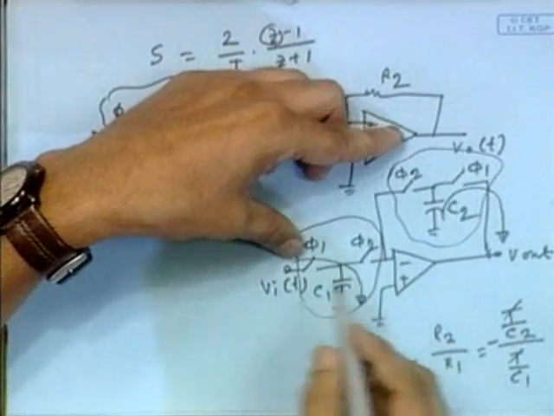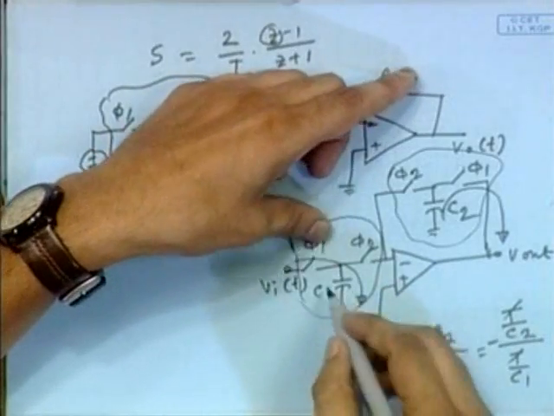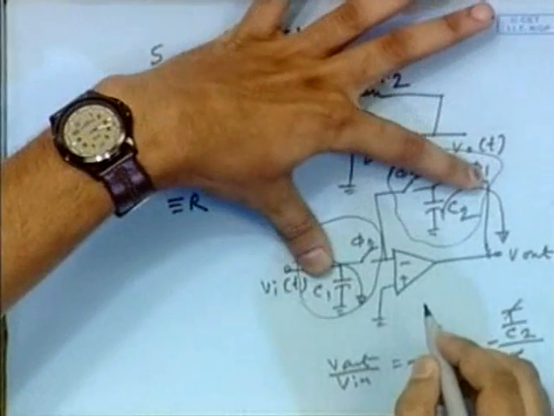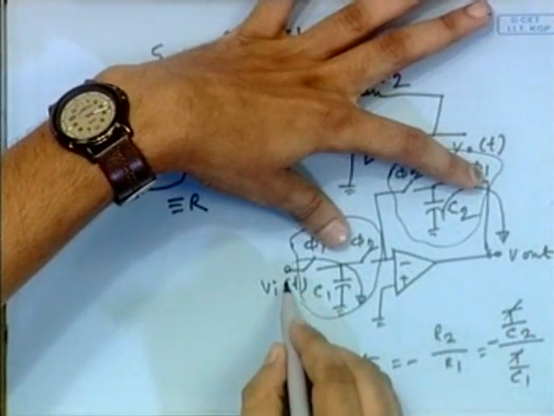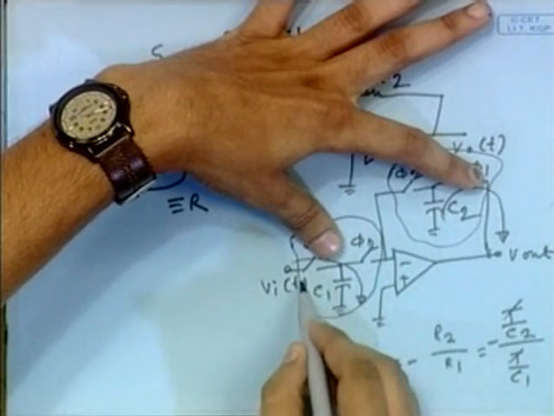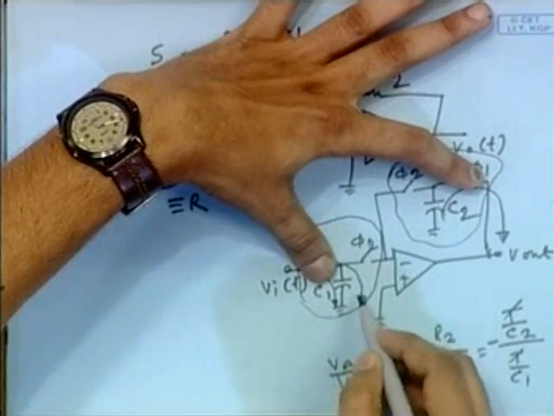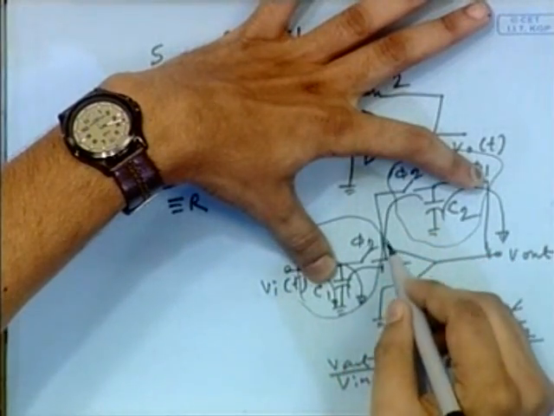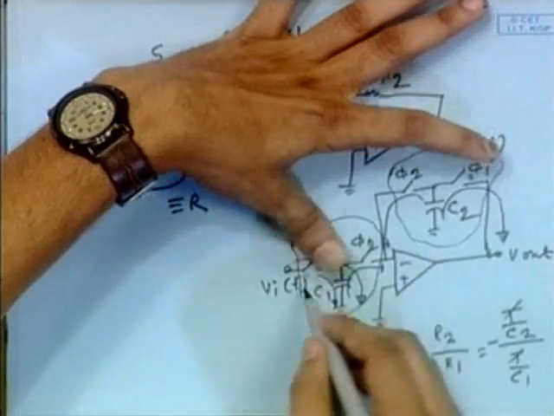When phi 2 is on, this switch is off and this switch is off. So what will happen now? The charge that was transferred in the previous phase will go this way, this side, and this is the virtual ground.